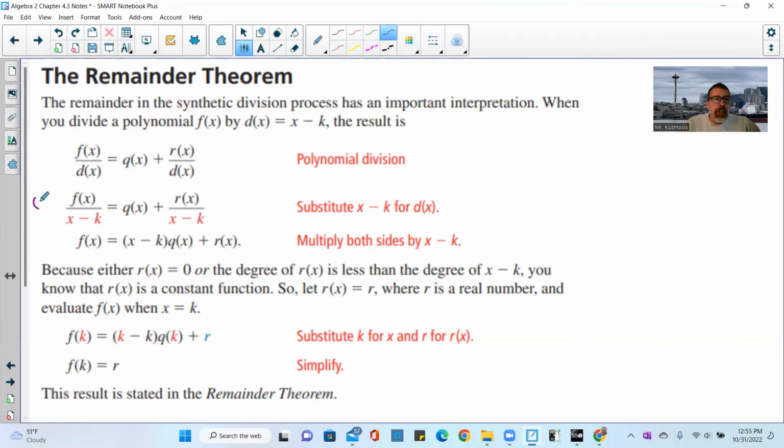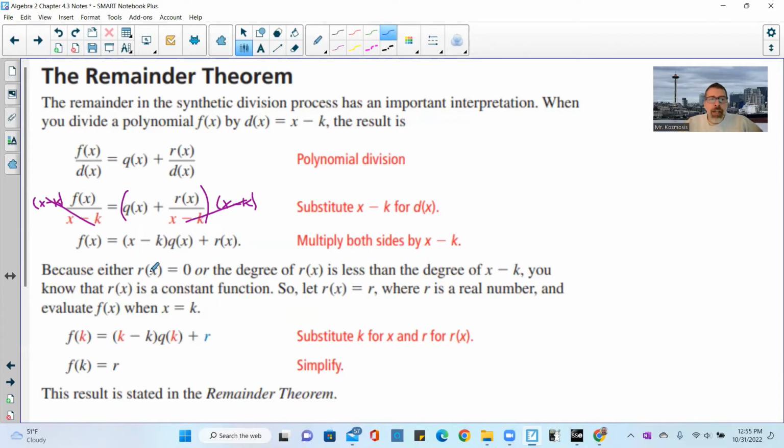We multiplied this side by x minus k, and we multiplied this side by x minus k, but we have to multiply every term. So this x minus k cancels, leaving us with f of x. x minus k times q of x is x minus k q of x, and then when I multiply this piece by x minus k, these cancel, leaving us with just r of x. So we multiply both sides by x minus k and we get this result.